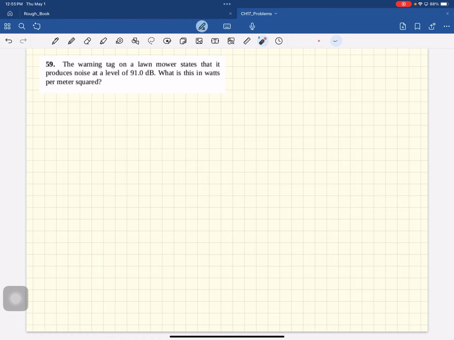So you guys remember, if you want a sound to sound twice as loud, how many decibels does it need to increase? 10, very good. Okay. So here's the decibel scale.